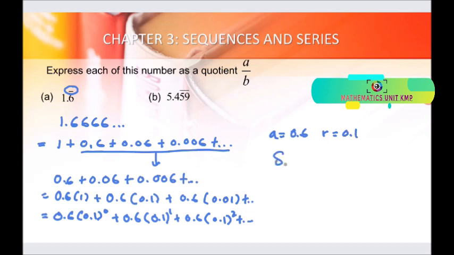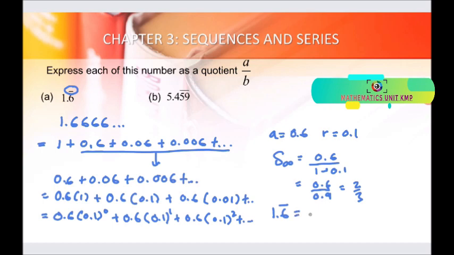So let's find the sum. 0.6 over 1 minus 0.1, so is equal to 0.6 over 0.9, and we simplify, we will get 2 over 3. And now we can get the value for 1.6.